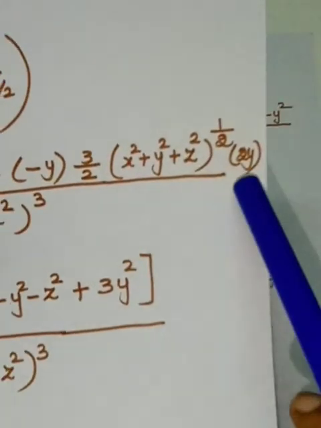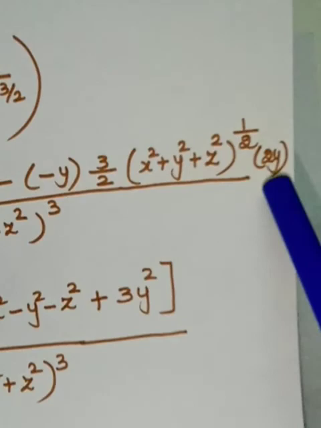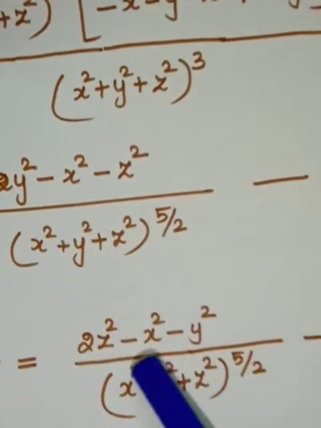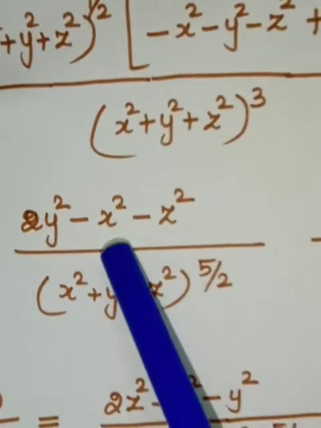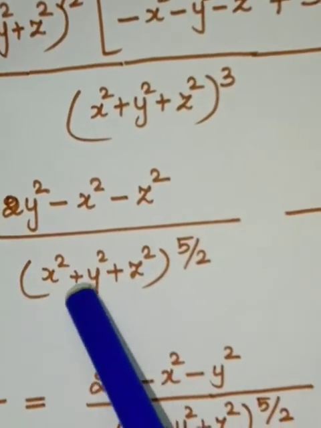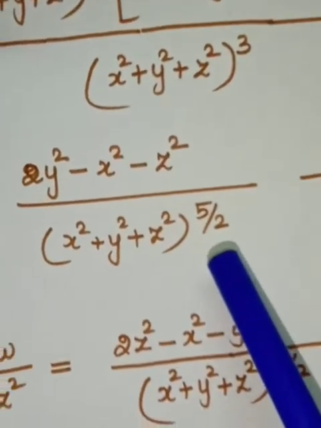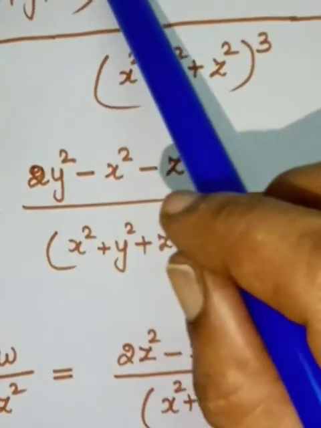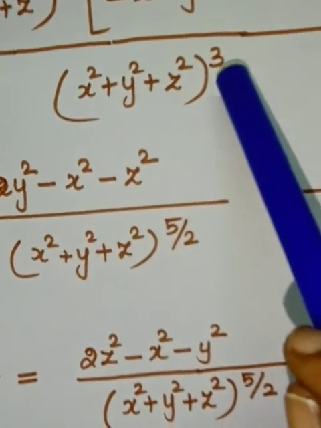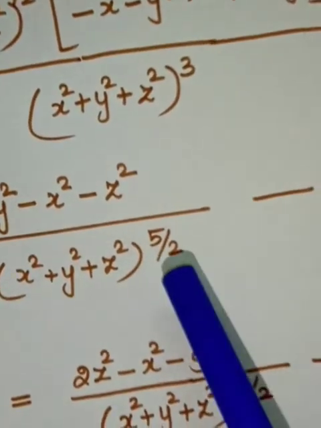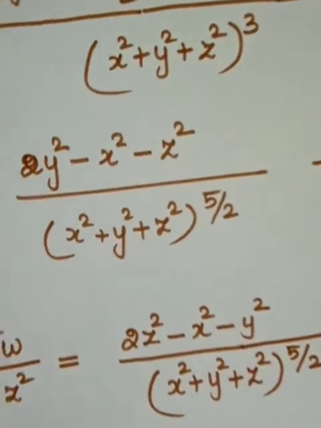Okay, here you have to differentiate partially with respect to y. That means 2y has to come. So when you simplify, your answer is 2y squared minus x squared minus z squared divided by (x squared plus y squared plus z squared) the whole power, what is it? 5 by 2. Because in the half when you bring it down, it is 3 minus 1 by 2. So when you take the LCM, 6 minus 1. So therefore here you are having 5 by 2.